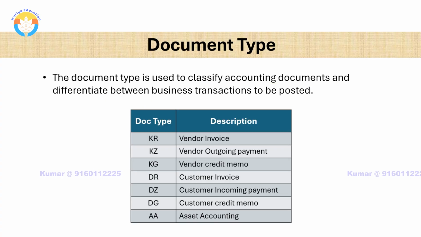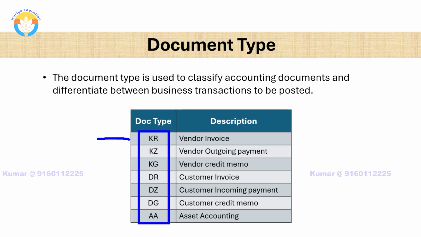So how can we denote these document types in SAP? Based on different types of characters. Only two characters will be there for any document type. If it is KR, we need to understand that this is a vendor invoice. What is a vendor invoice? We are in business, so we need to purchase goods from some other person to sell.